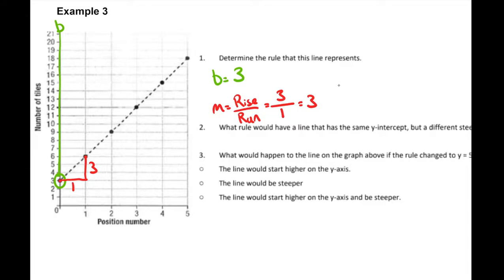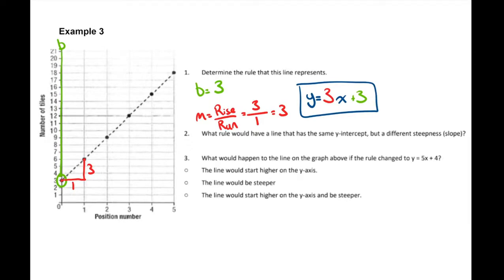So in this case then, my rule is y equals 3x plus 3. And that's the rule. What rule would have a line that has the same y-intercept but a different steepness? So for this one, there are many answers that you could come up with, as long as it has the same y-intercept.